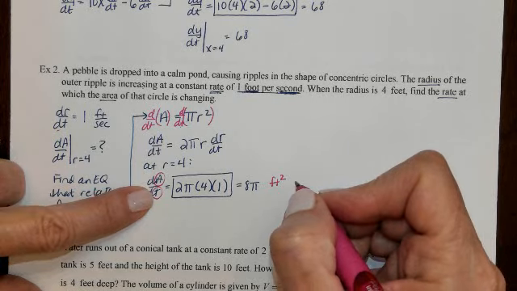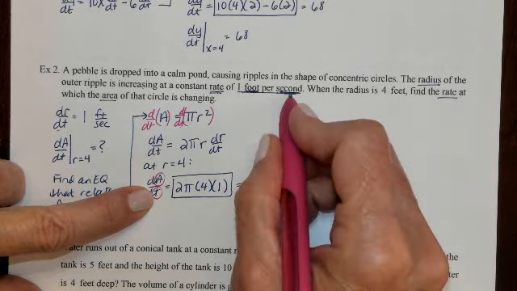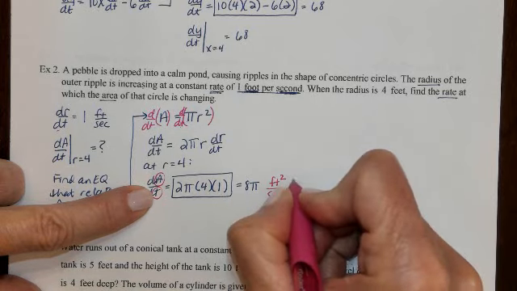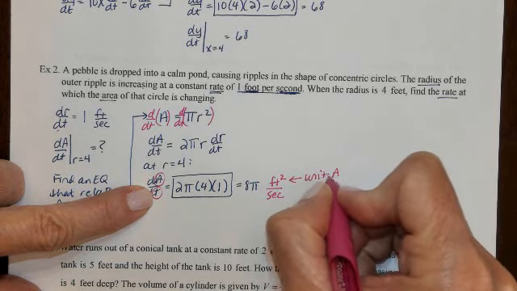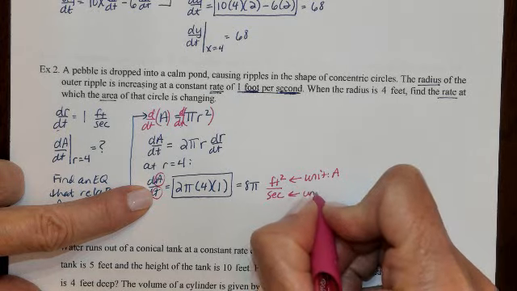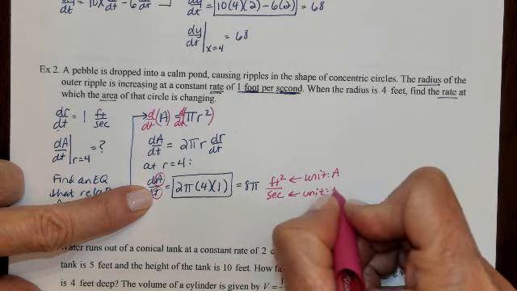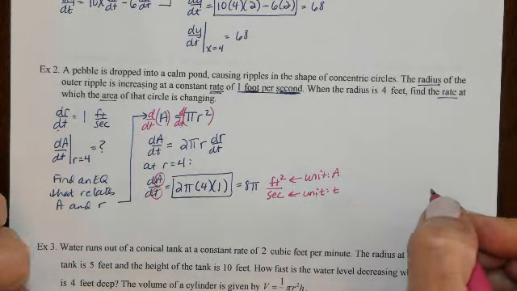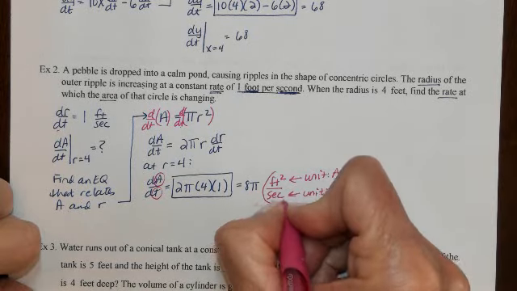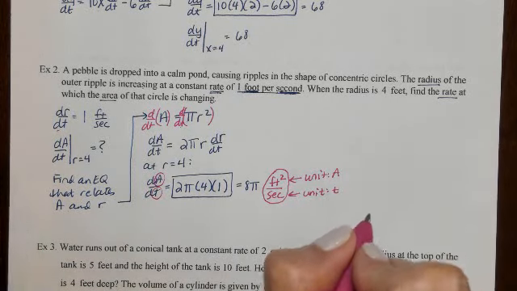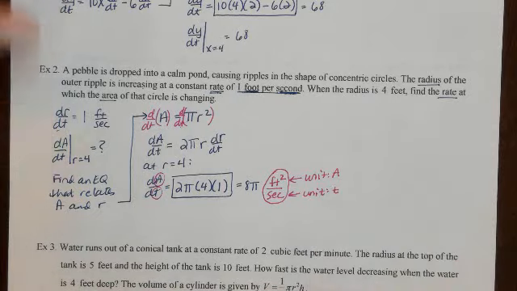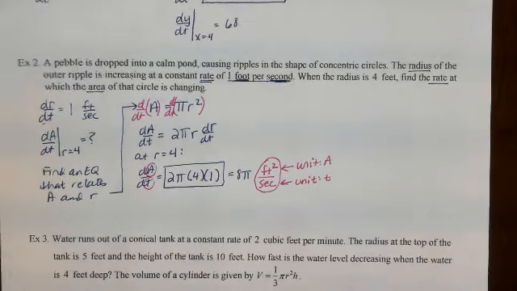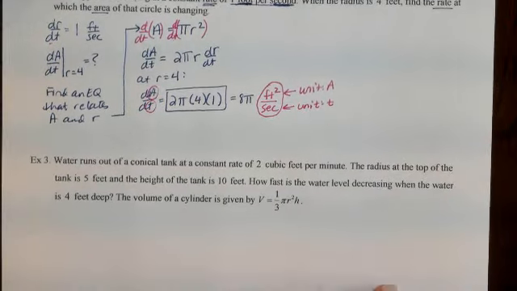Time is in seconds. So remember, units for the top over units for the bottom. Okay? And that's how you always get your units. Sometimes I have kids that are just not real familiar with that stuff. So it's an easy thing to get right, and so make sure you get that right.